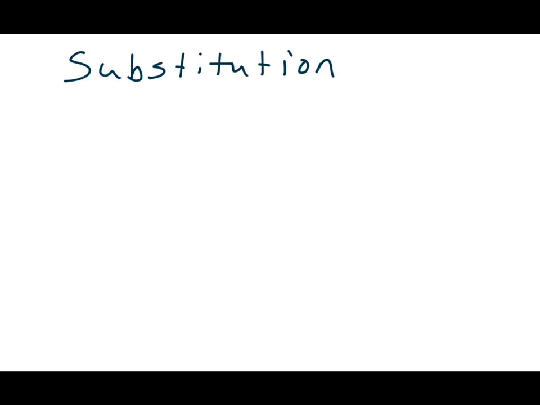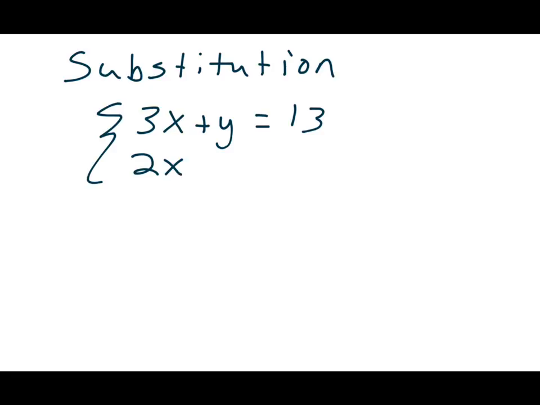Substitution says if x and y are the same in both equations, then it's going to be the same in the other one. So we can substitute in for that variable if we can solve for a variable. For instance, on this first equation, you can see that I can easily solve for y by subtracting 3x from both sides.